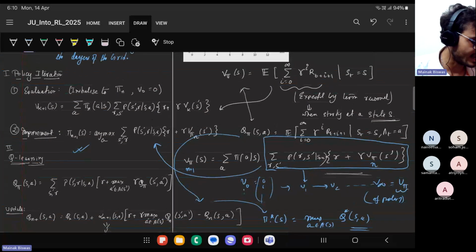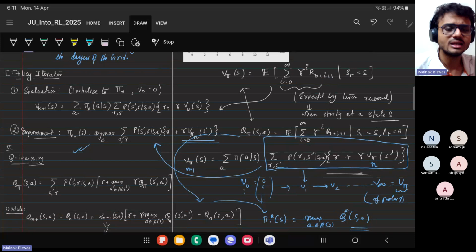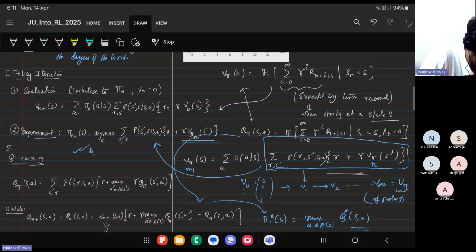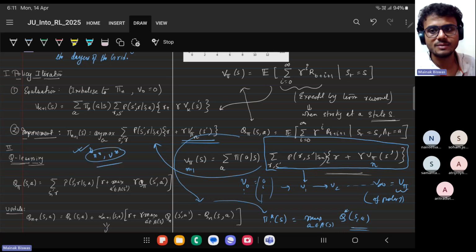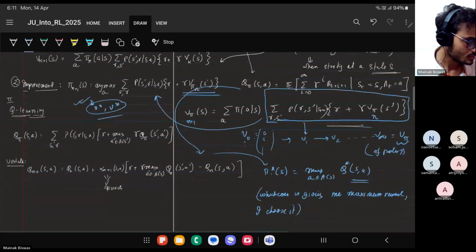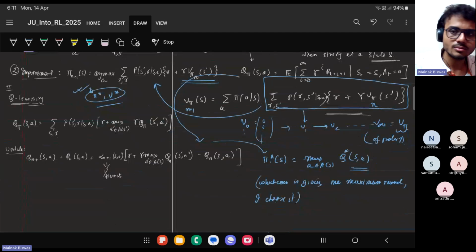And then we said that in the same way, we can improve the policy by using the previous value function. And this keeps going hand in hand until it converges to pi star and V star. So this was the algorithm that we came up with last day. And in the Q-learning algorithm, we had also seen that the same could be performed.